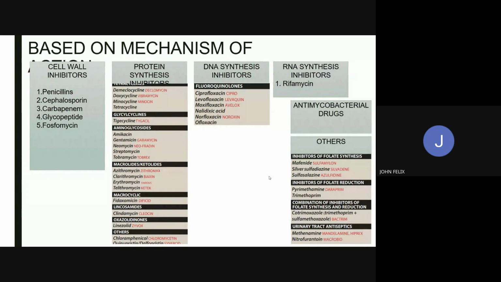Then we have protein synthesis inhibitors, for example tetracyclines, tigecycline, aminoglycosides, macrolide antibiotics, clindamycin, linezolid, and chloramphenicol. The DNA synthesis inhibitory effect is given by fluoroquinolone drugs, and RNA synthesis inhibitors are the rifamycin class of antibiotics, which include rifaximin and rifamycin.